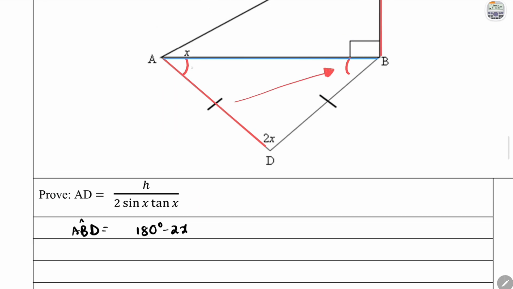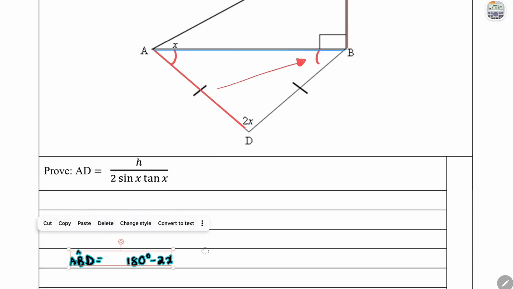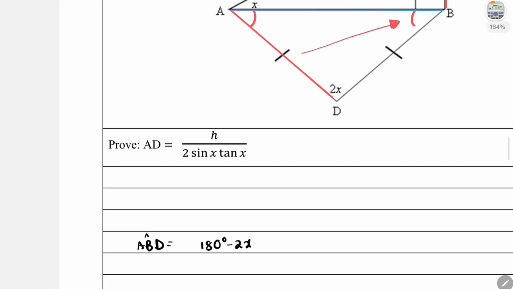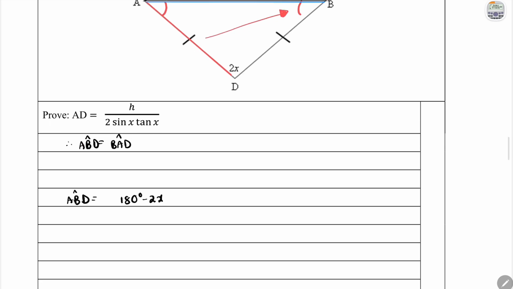But then remember that these two are exactly the same. But the thing is, with 2D and 3D trig, it's not Euclid where you need to put reasons. So we can just tell them that angle ABD is equal to angle BAD, because we have an isosceles triangle.